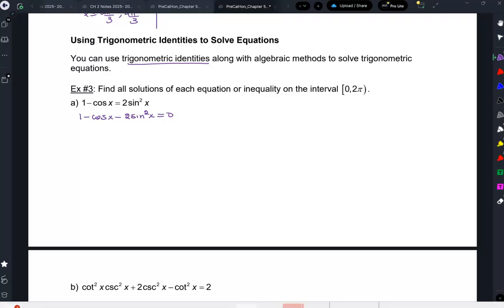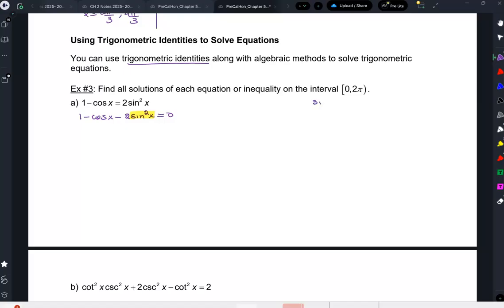So now I need an identity. I have cosine and sine here, so I need to replace one of them with the other. The best thing to replace is the trig function that's squared, because we have the squares, right?